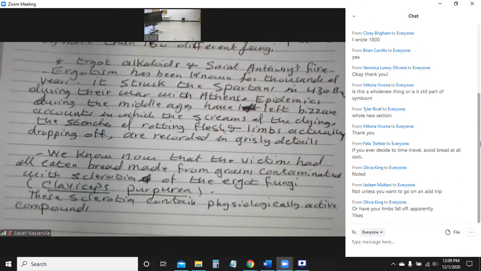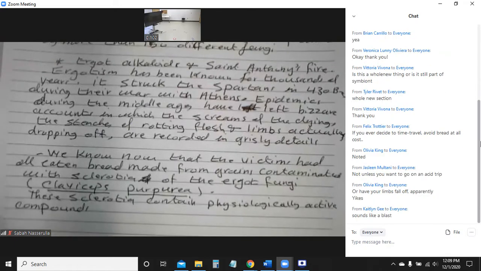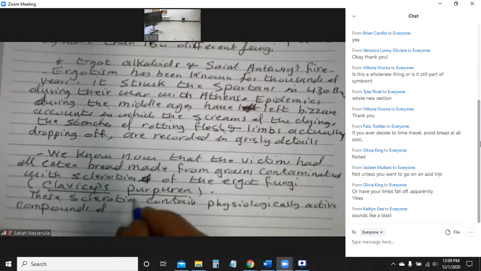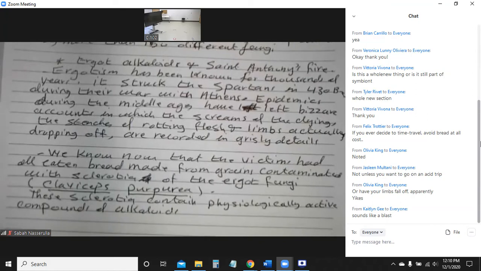Active compounds of alkaloids of two main kinds, which cause the disease.